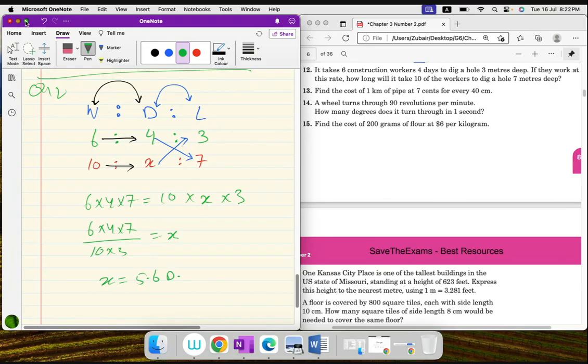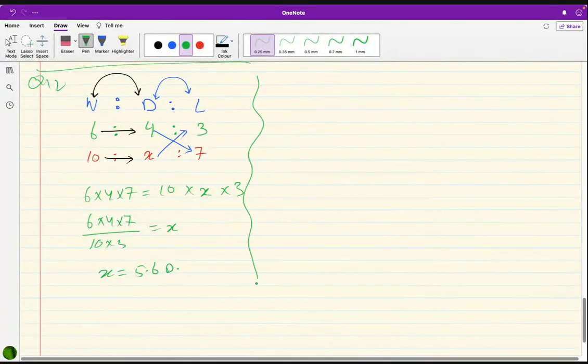Now just to understand that, let's try it another way. These were workers, days and depth. Let's say workers, depth, and days. Depth and days are still the same. I'm trying to shuffle them up.